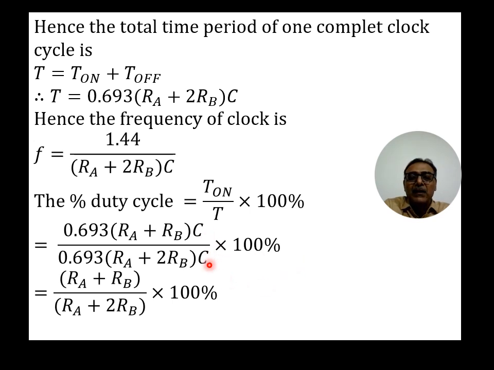So C will cancel out and this will cancel out. This gives (Ra plus Rb) upon (Ra plus 2 Rb) into 100% as the percentage duty cycle of the astable multivibrator. And this shows that this is not a perfect square wave.